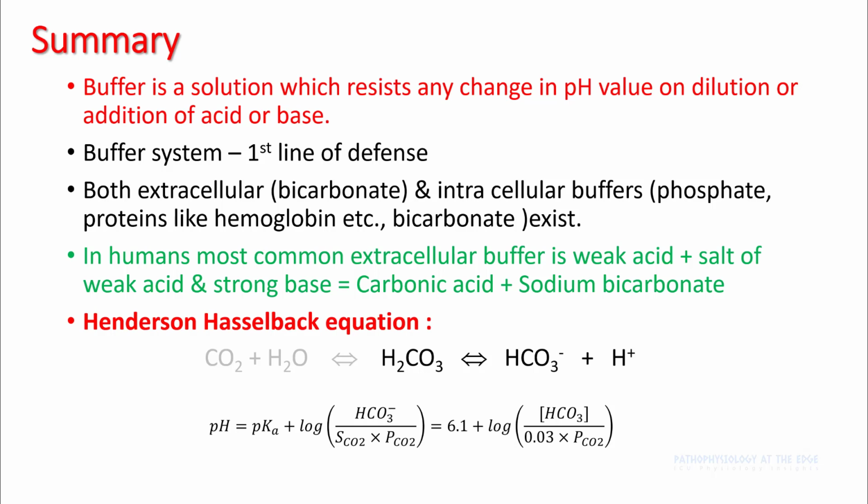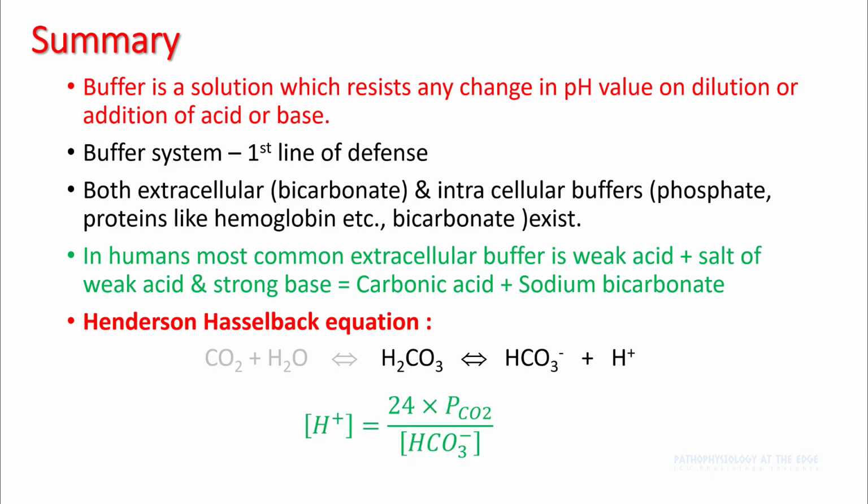And using the Henderson-Hasselbalch equation, you can figure out your pH equals 6.1 plus log of bicarb divided by 0.03 multiplied by PCO2. However, you can simplify that into this equation where your hydrogen ion concentration equals 24 times PCO2 divided by bicarb. We'll use this equation in our ABG interpretation lecture series, so make yourself familiar with this equation. Thank you.